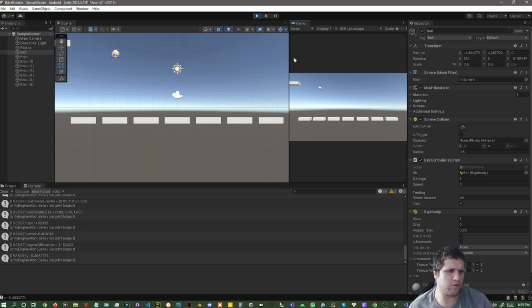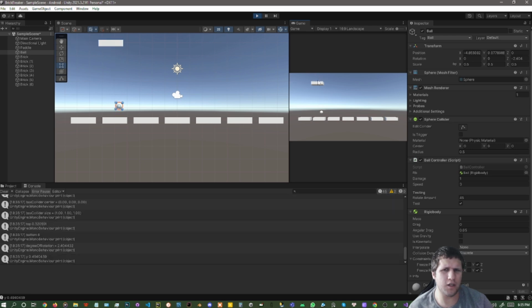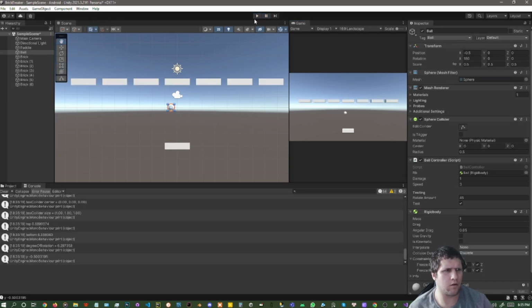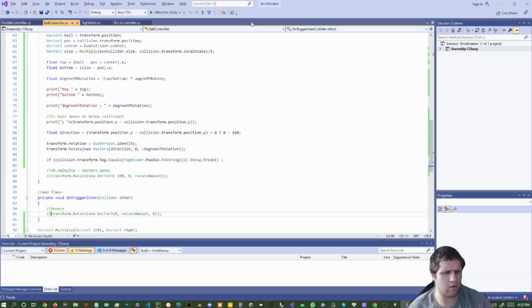A degree of rotation of 3 now. How can the degree of rotation for my paddle be so small?